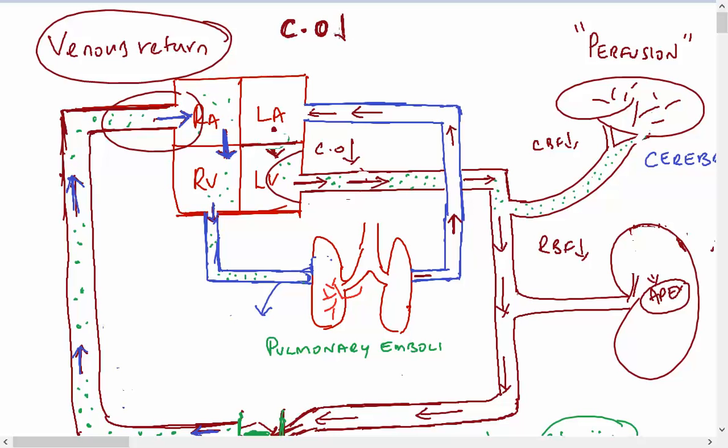So when cardiac output is reduced, the blood flow to the organs is reduced. If blood flow to the organs is reduced, the blood going into the tissues is also reduced. Blood going into the tissues is called perfusion, and that being reduced is called hypoperfusion.